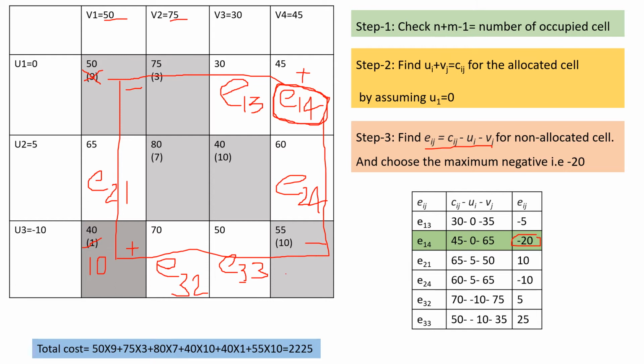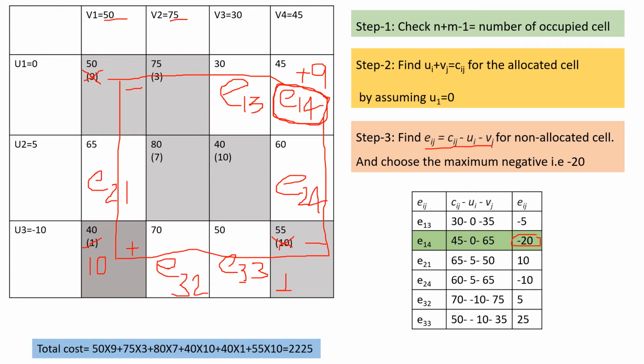And here, because it's a plus sign, we add 9, so it becomes 9. So the allocated cells are changed. This cell is no longer allocated, and this cell is allocated, and with this new allocation table we have to start the procedure again.